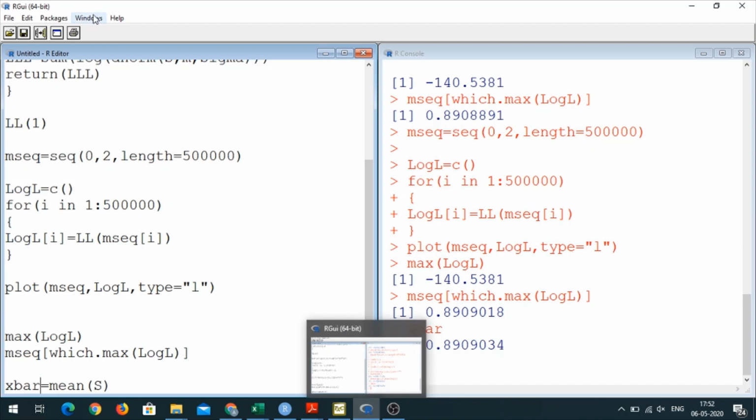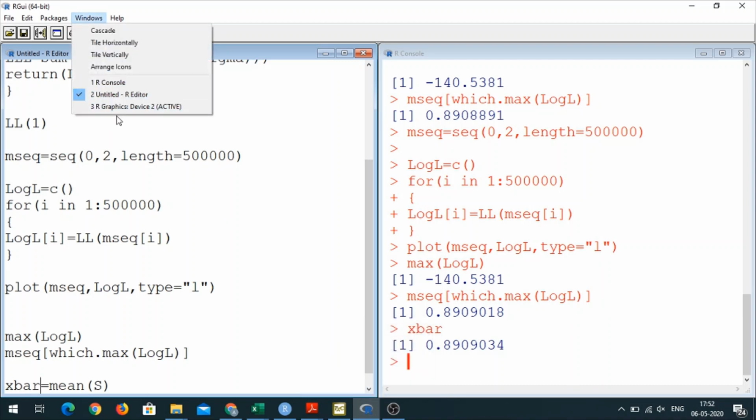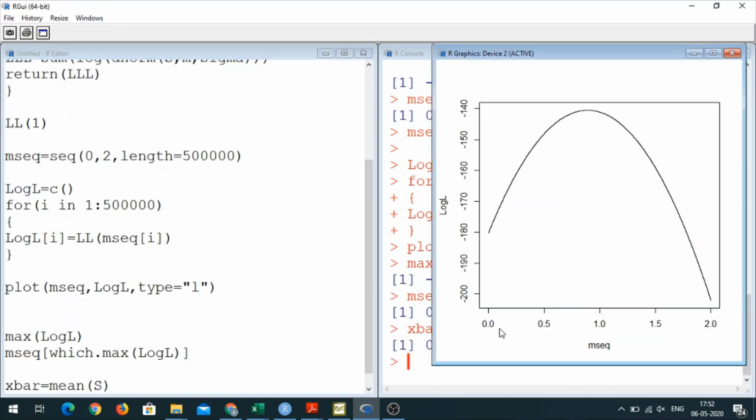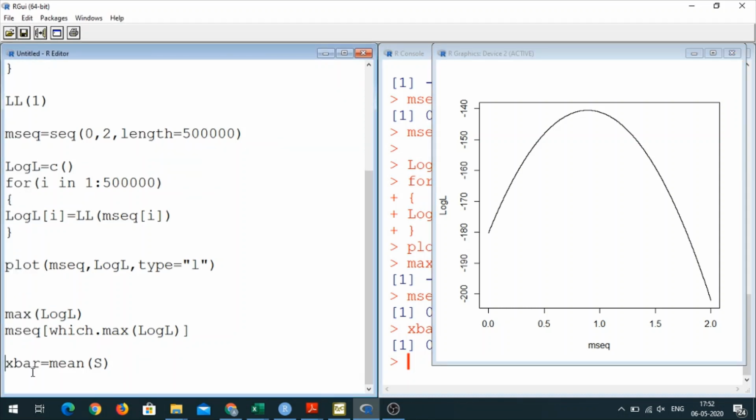So this is how MLE works. You actually try different values of the parameter and see at which value of the parameter the maxima is there. If you want, you can indicate this value in the graph. So maybe I can draw a vertical line and a horizontal line at both these places.